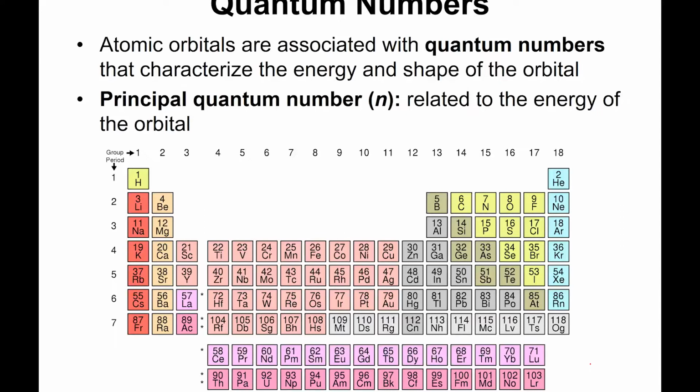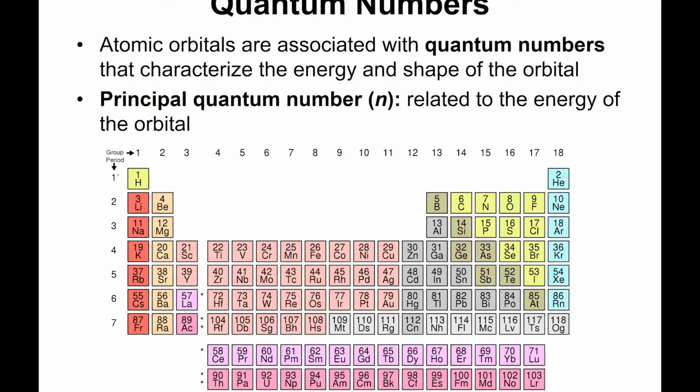One way to easily show the principal quantum number is using the periodic table. This number, n, is related to the energy of the orbital itself. Remember I said orbitals that are smaller, denser, closer are going to be more stable, whereas other ones are going to be less stable.